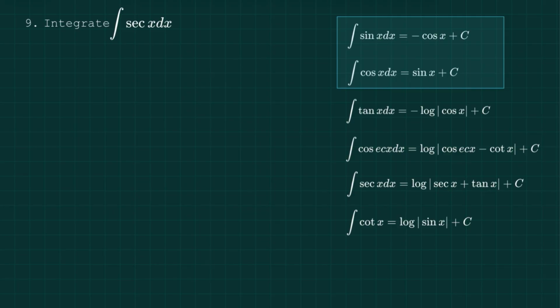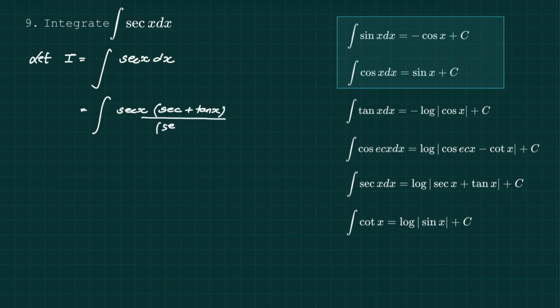So let I equals integration of sec x dx. Now before assuming anything here, let us multiply and divide with sec x plus tan x divided by sec x plus tan x dx.